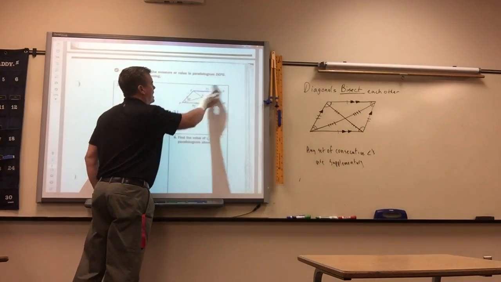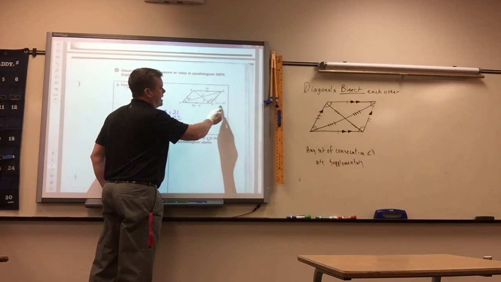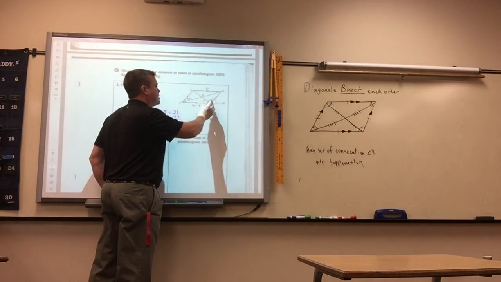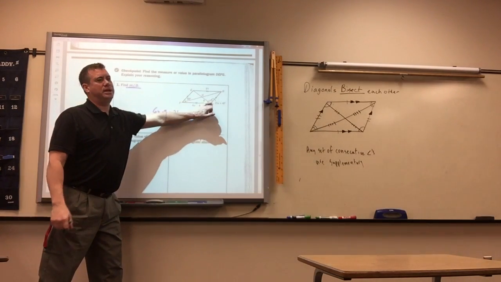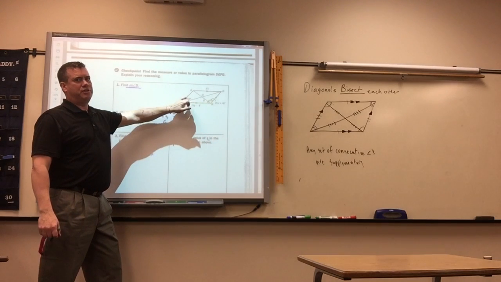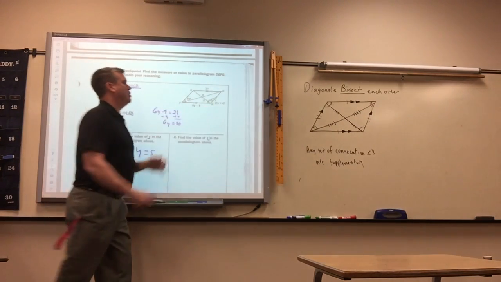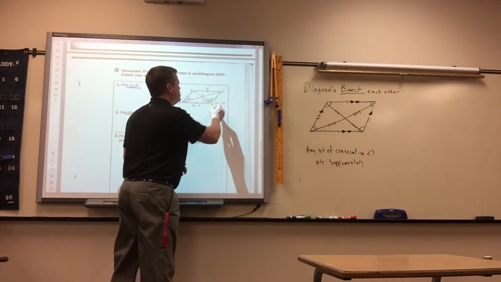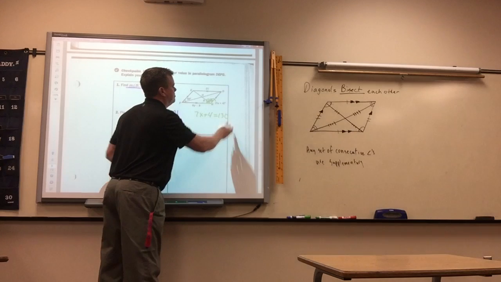And then to find x, here's the x, which is a degree, and it stands for this whole angle. Well, we can figure out what that angle is, right? Supplementary. If this is 50, this has to be 130. So 7x plus 4 has to equal 130.